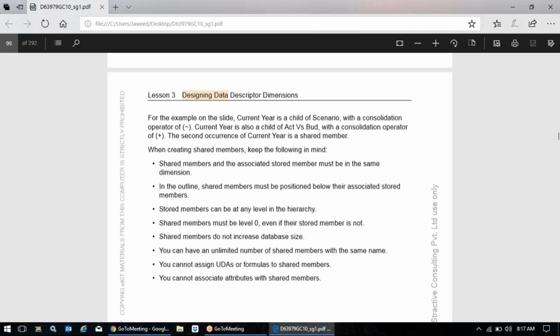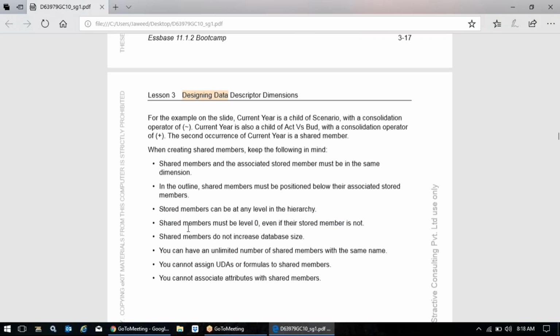Shared members must be level 0, even if the stored member is not. I think this clears your question.